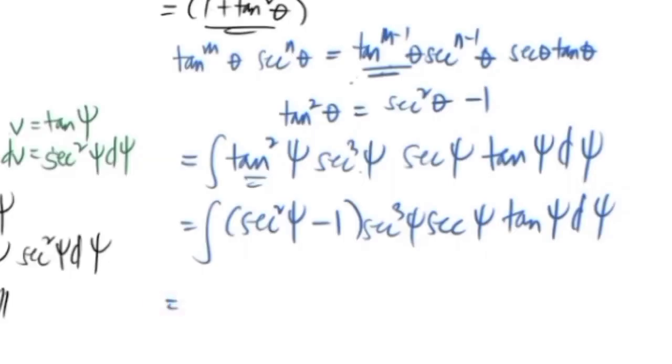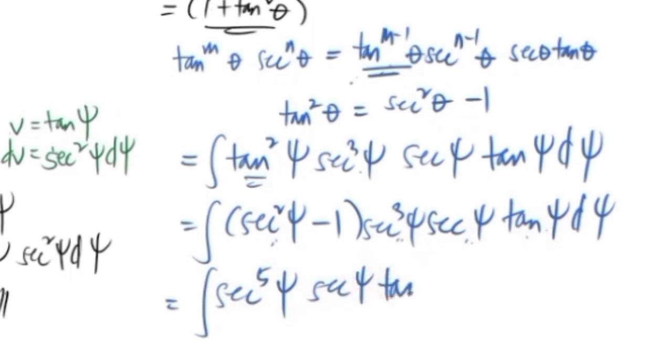Now we distribute this secant cube secant dito kay secant square minus 1. So we have secant square times secant cube. We have secant to the fifth of psi multiplied by secant psi tangent psi d psi.